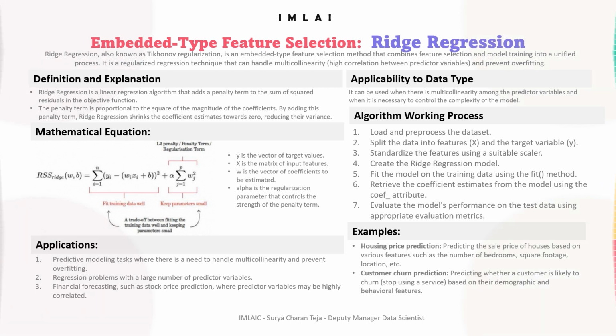Then we have credit risk assessment, predicting the likelihood of default on a loan based on credit history, income, and other relevant features. So this is ridge regression.